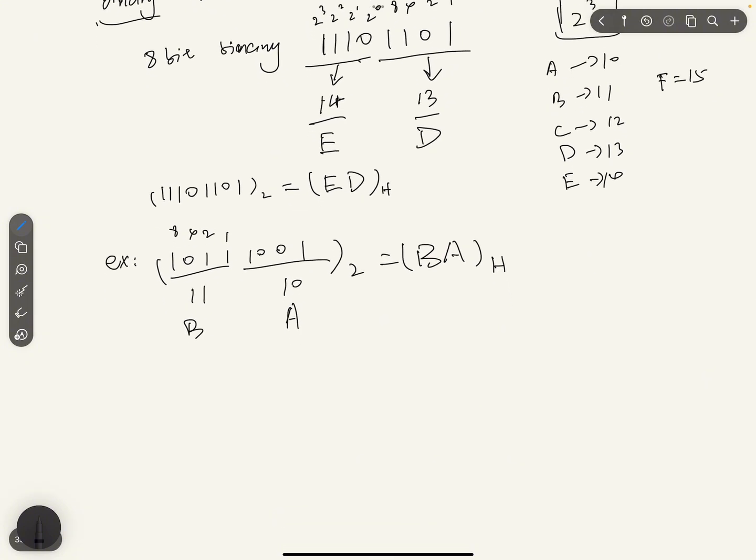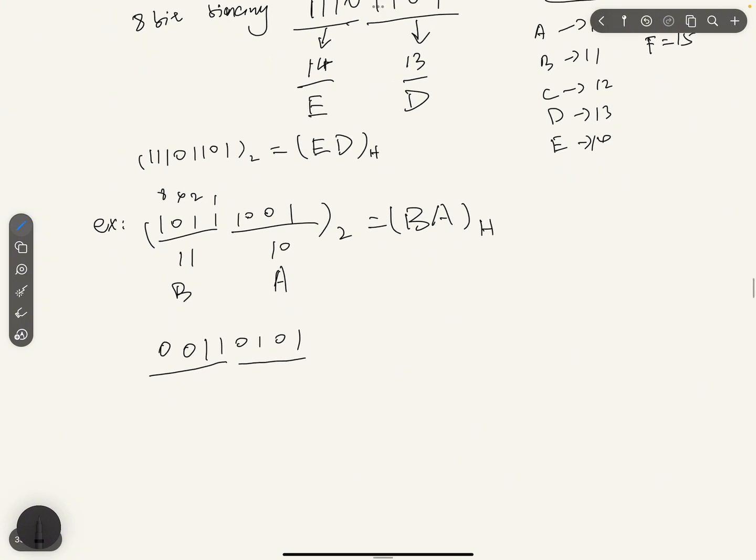What if we have 8-bit but it has leading 0s? Let's say we have 6-bit, 1 1 0 1 0 1. If we have 6-bit, we group the binary from the right side to the left side, 4 bits at a time. And if we don't have 4, we just add leading zeros in the front to make it 4. That way we have 4 bits. Now we can group the 4 bits together to get the hex.